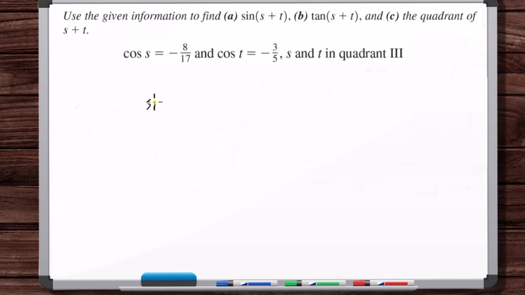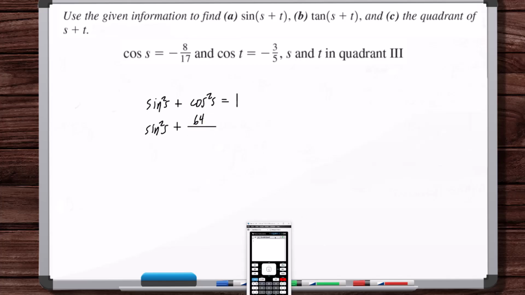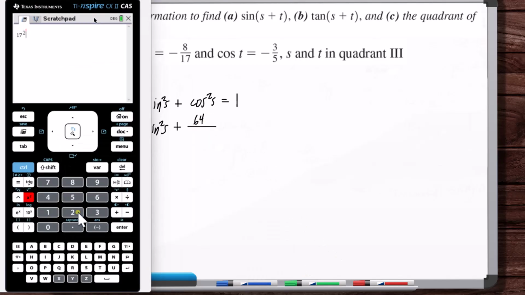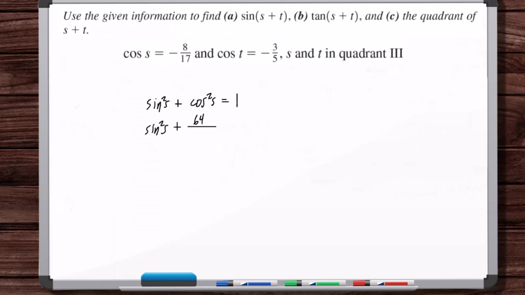Let's get, so sine squared s plus cosine squared s is equal to 1. Now we've got cosine squared s is going to be minus 8/17 squared, so it's going to be 64 over 289.